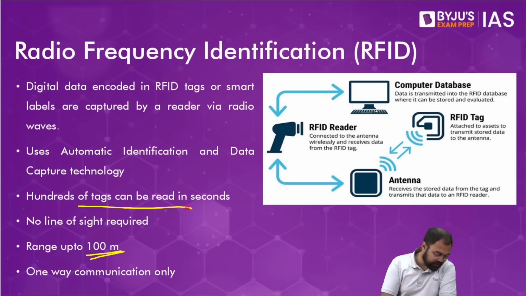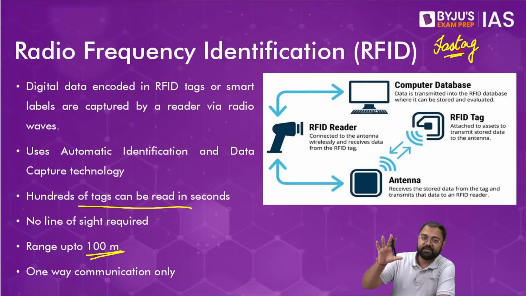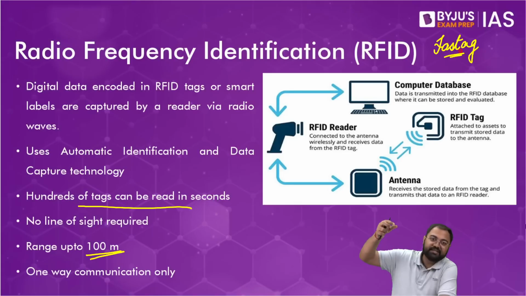In case of RFID, there is one very famous example today in India where RFID is being used, and this is FASTag. FASTag is what we have at the toll booths, the toll plazas. The car or vehicle will go near the toll plaza, and the toll payment will be taken automatically with the help of RFID.